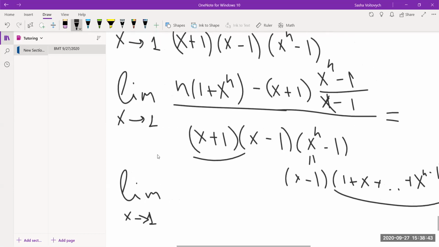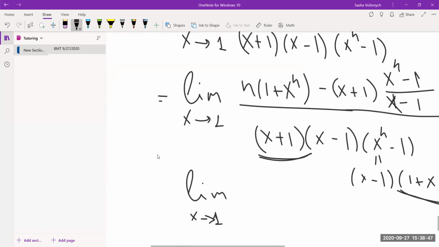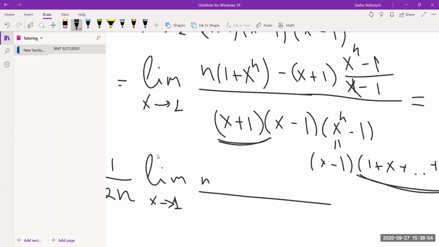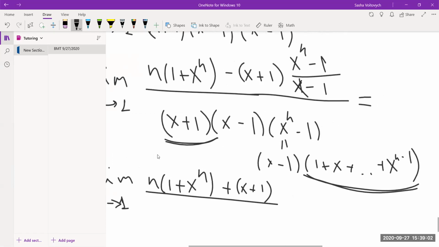Because the limits of this and this exist, we can just factor them out. So we'll get 1 over 2n, and the expression in the numerator will look like this: x minus 1 divided by x minus 1 squared, basically.